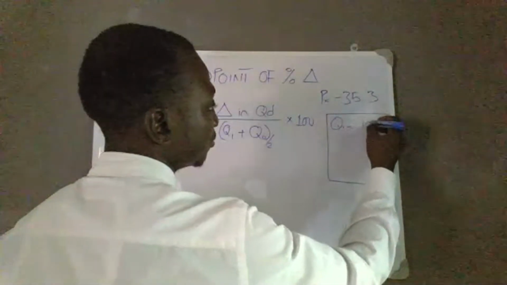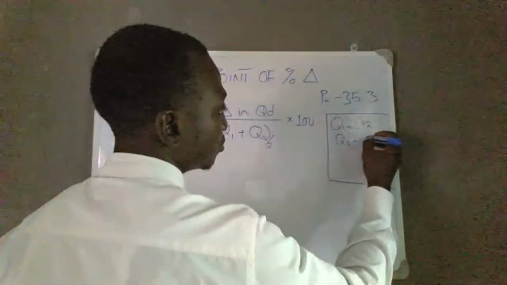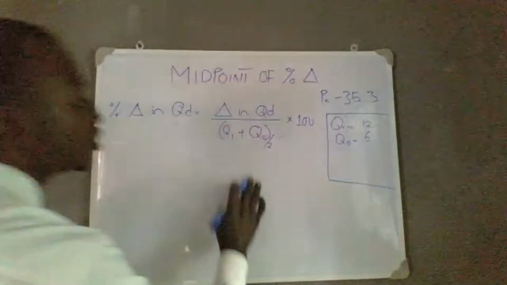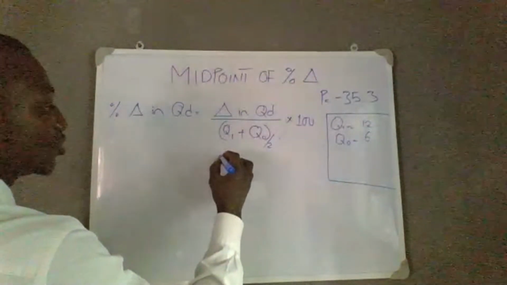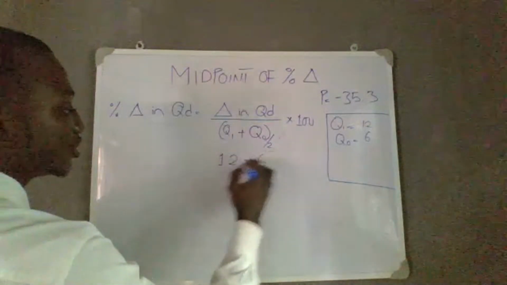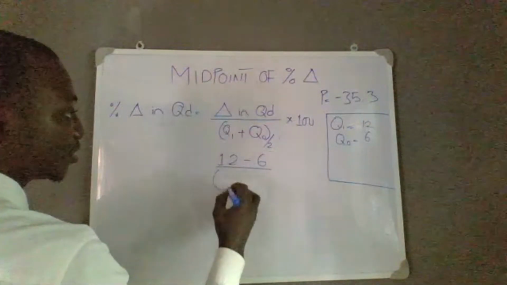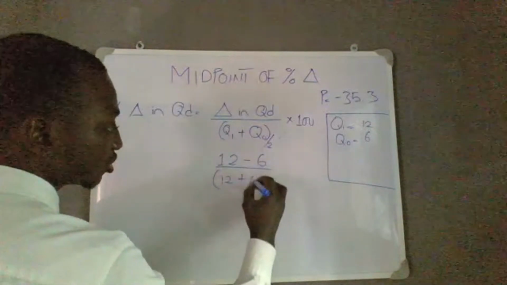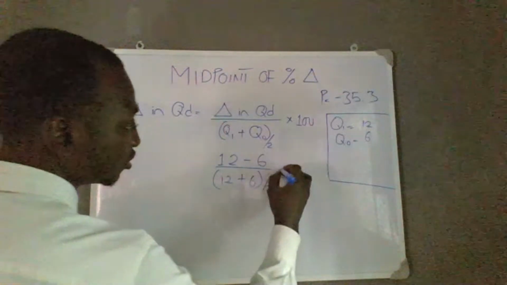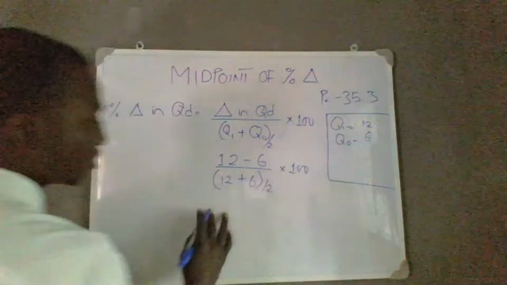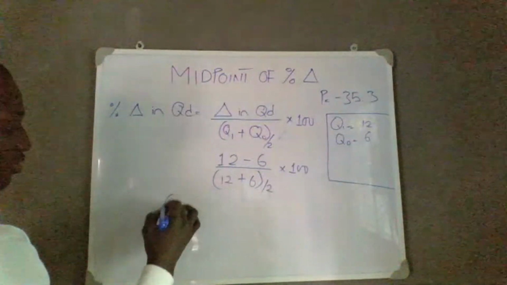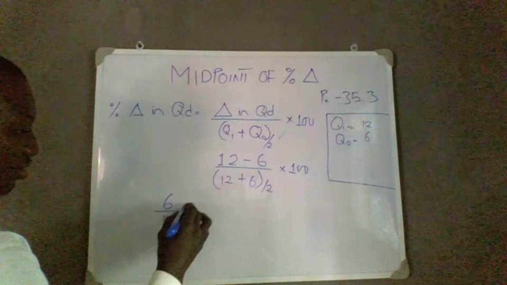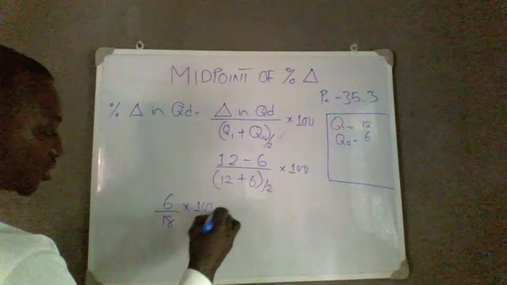So the change between these two is 12 minus 6, over the bracket Q1 is 12 plus 6 divided by 2, multiplied by 100. So we have 6 over 18 multiplied by 100.